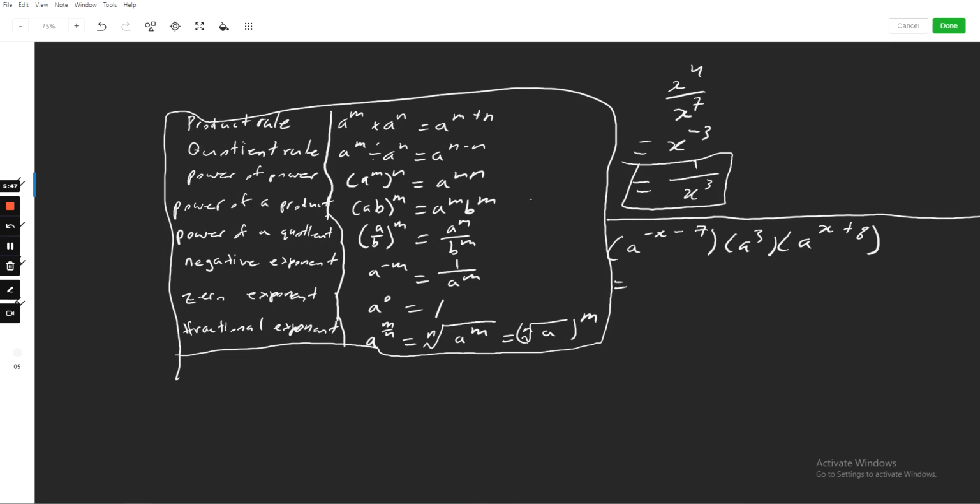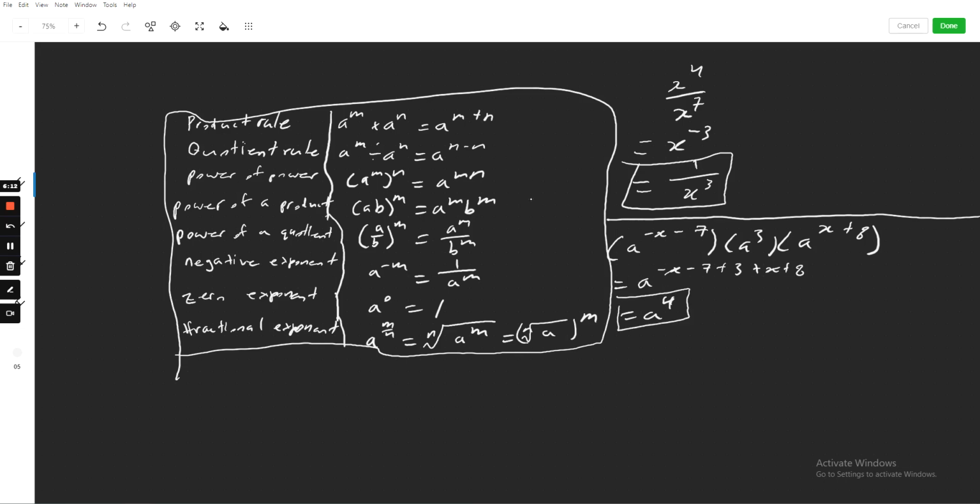So this equals a to the power of negative x minus 7 plus 3 plus x plus 8. When we simplify this, the x's cancel out, and then negative 7 plus 3 plus 8 gives 4. So this is equal to a to the power of 4.